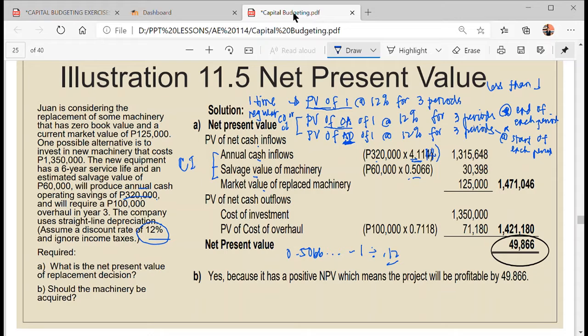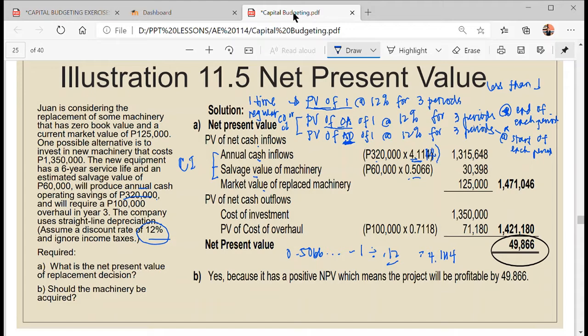So you have 320,000 times 4.1114, which is your factor. Multiply it and you will get 1,315,648. This is the present value of your annual cash inflow. We used an annuity because the cash operating savings come every year.